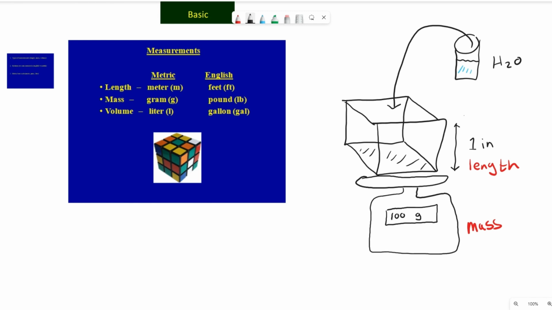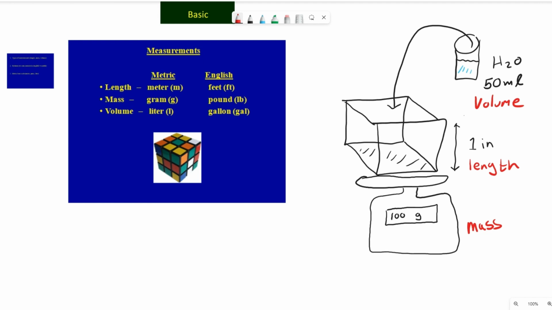Maybe it takes, I don't know, 50 milliliters. I'm just making these numbers up. 50 milliliters to fill that cube up. That 50 milliliters would be the volume of the cube, or how much space that cube occupies.